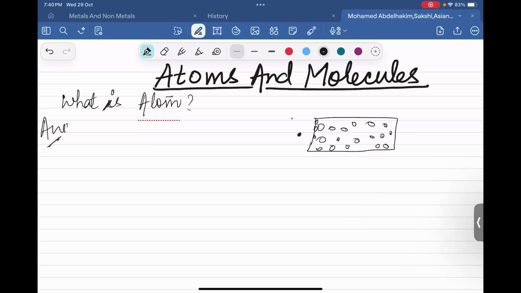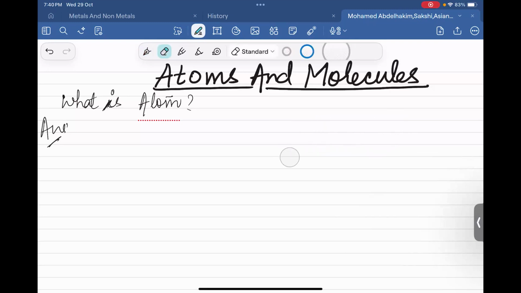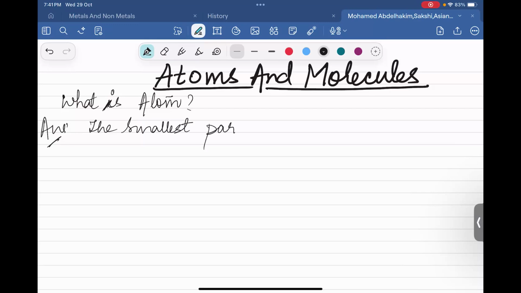That smallest particle is called an atom. The smallest particle of an element is known as an atom.